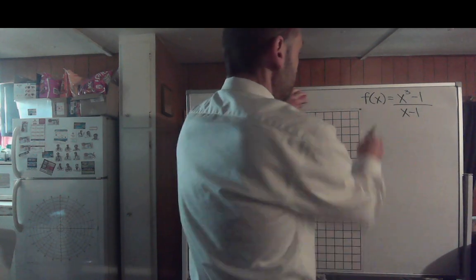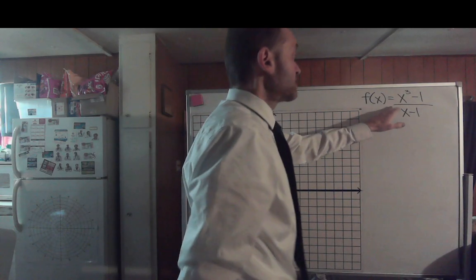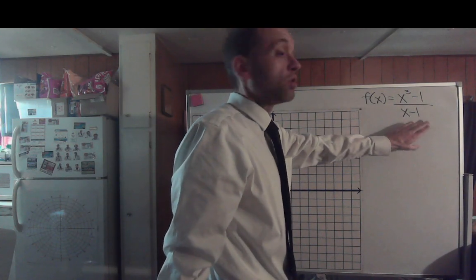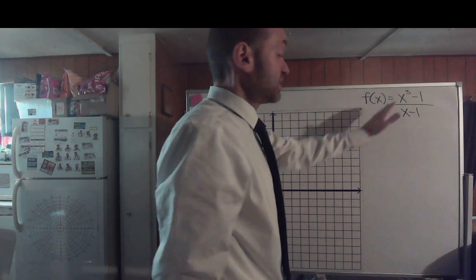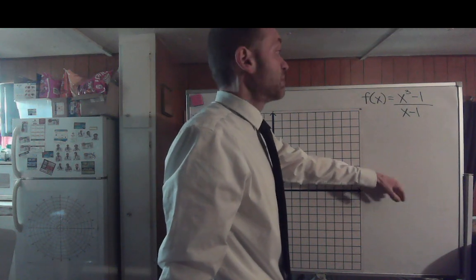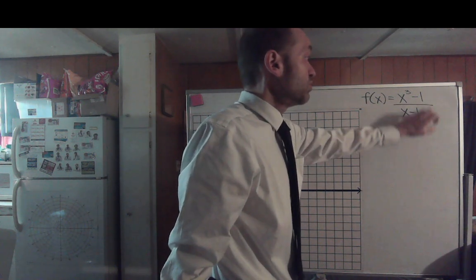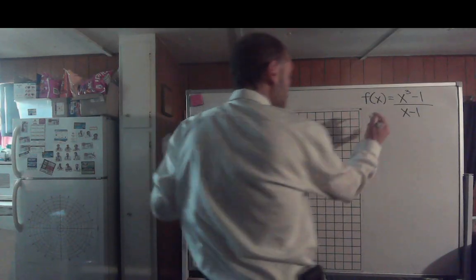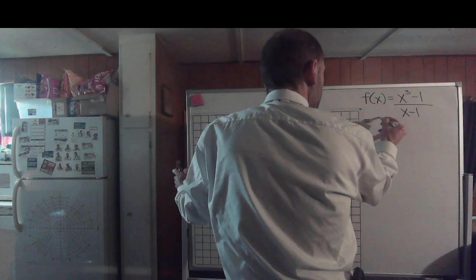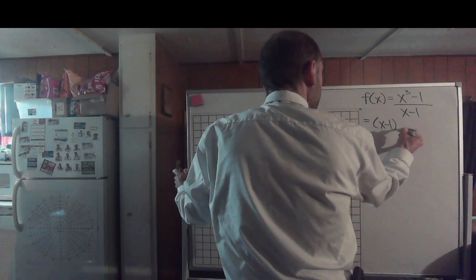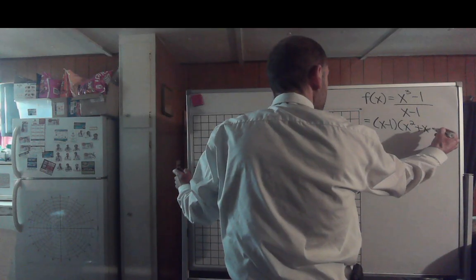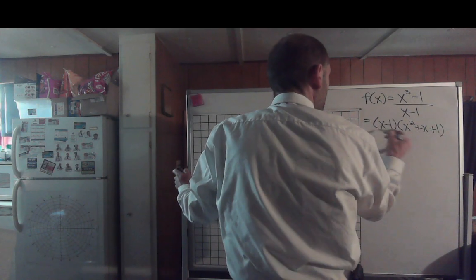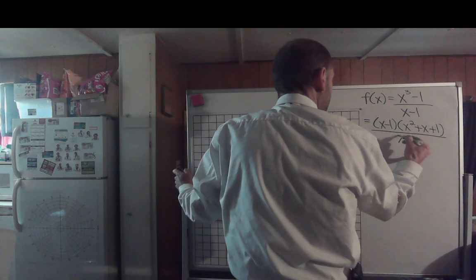So I'm going to graph f of x equals x cubed minus 1 all over x minus 1. Well, this is a rational function again, but I think we can see that the numerator is going to factor. That's going to factor into x minus 1 times the quantity of x squared plus x plus 1, all that divided by x minus 1.